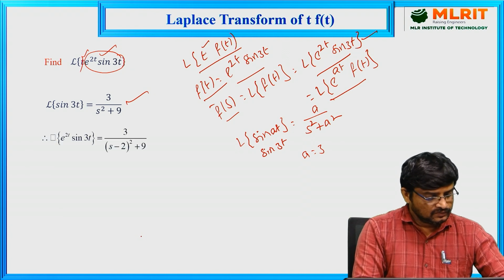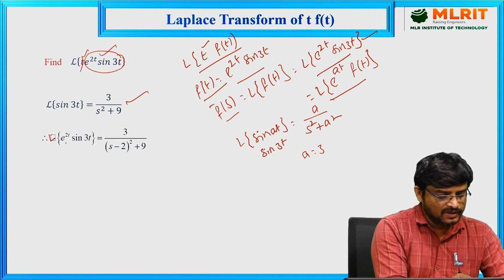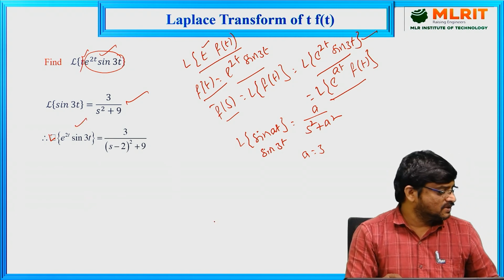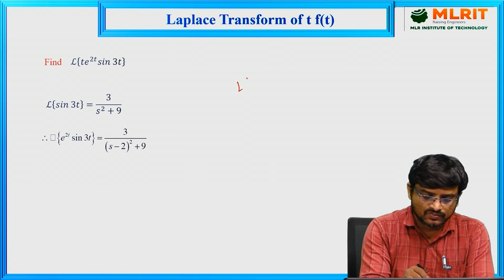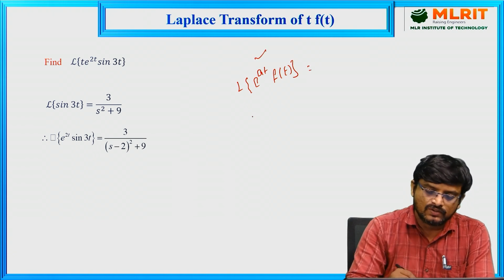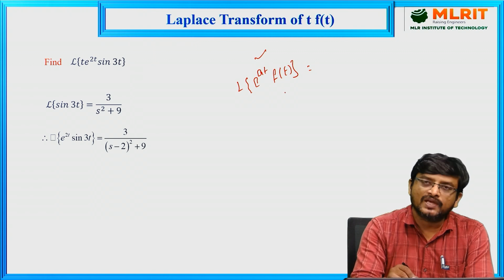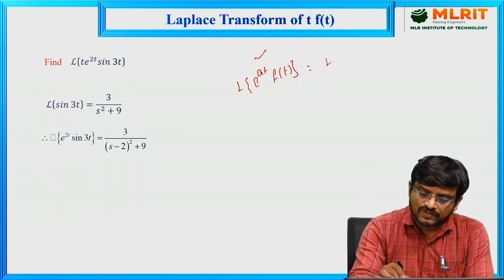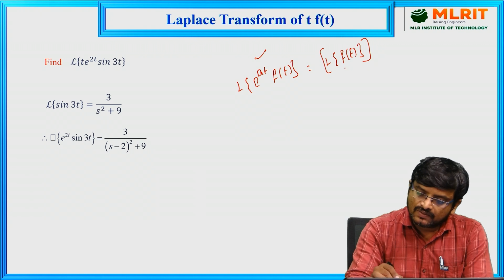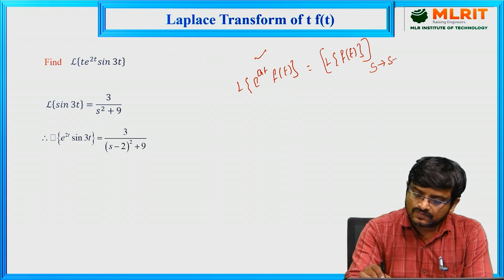Now take the formula Laplace transform of e power at into sine 3t. How can you get this value? Take the help of the Laplace transform of e power at into f of t, that is the first shifting theorem. The first shifting theorem says that first find the Laplace transform of f of t, and then in whatever value we get, replace s with s minus a.